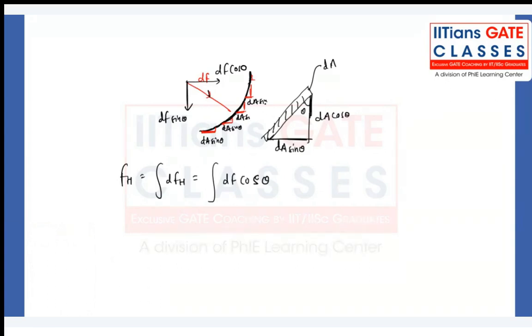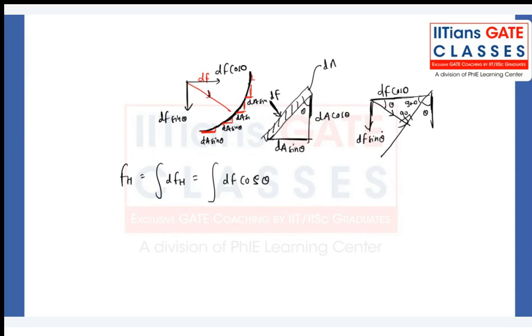See, that is my force F, dF force. On this one, my dF is there. This is my particular angle. So what about this angle? Tell me, guys. This will be 90 minus theta. So this will be theta. So if this is dF, this will be dF cos theta. This will be dF sin theta.